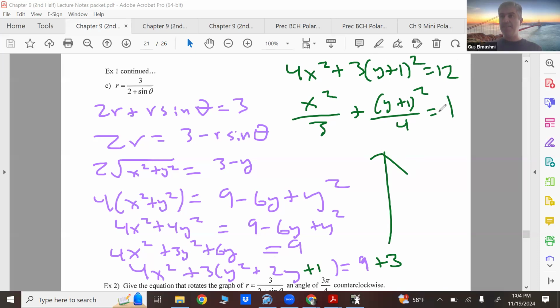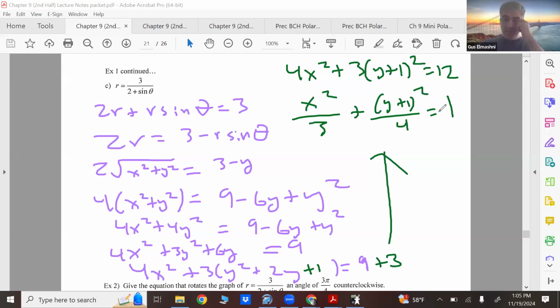What are you trying to isolate? I'm not trying to isolate anything. I'm just trying to write in standard form. So once you get to that, then you put it all on one side. Oh, that is so nice.